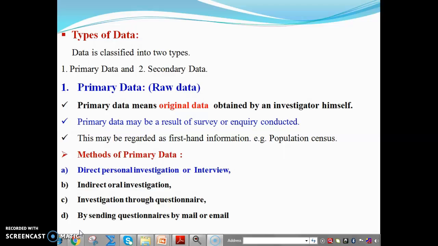Therefore, data is very important in statistics. Data is the backbone of statistics. Yes, data is the backbone of statistics.